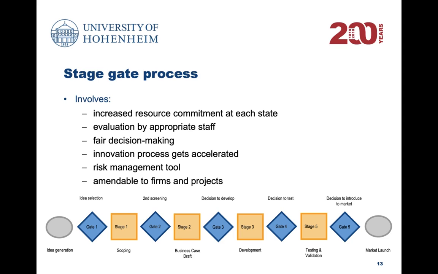It's used as a risk management tool, and it can be used in all sorts of firms and projects, etc. Because what we see later, and what you see in the literature provided through the study guide, which is available on Elias, you can see that different firms have stage gate processes in different forms and different shapes, with a different amount of gates and different amount of stages.